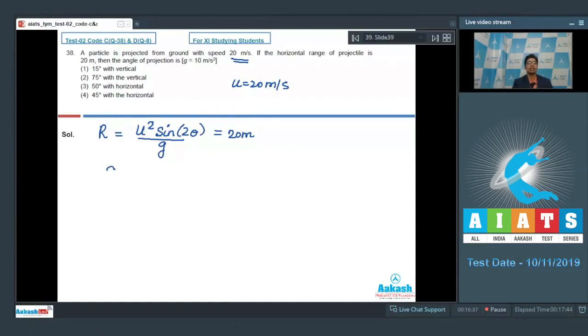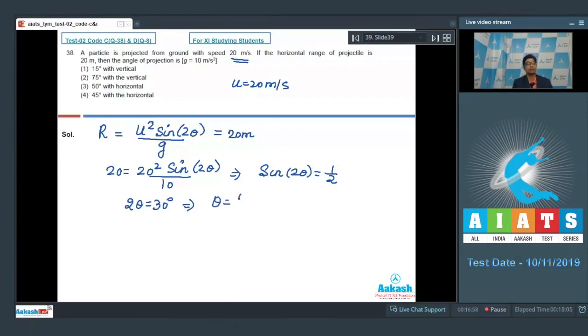Substituting the given values, we can write that 20 is equal to 20 square sine 2 theta by g, which is 10, which means that sine 2 theta is equal to half. Or, dear students, 2 theta is equal to 30 degrees and theta is equal to 30 by 2, that will be 15 degrees. Dear students, this is the angle measured from horizontal.